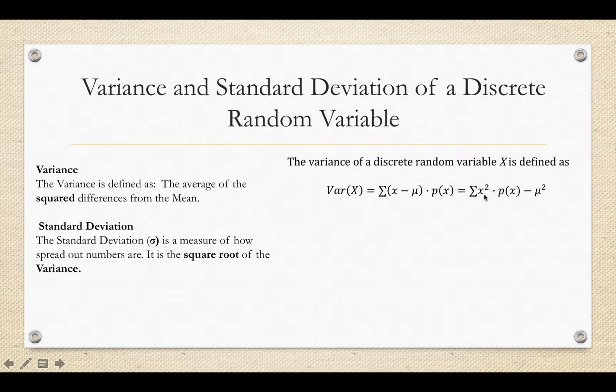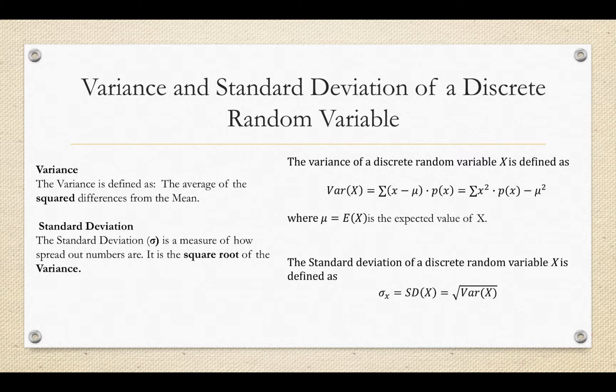Or the sum of x squared times the probability of x, and then we subtract the expected value squared. So we can see here again that this symbol here, mu, is equal to the expected value of x.